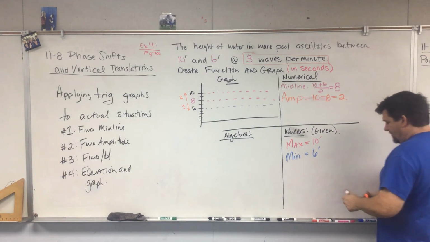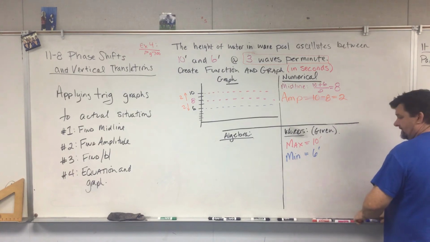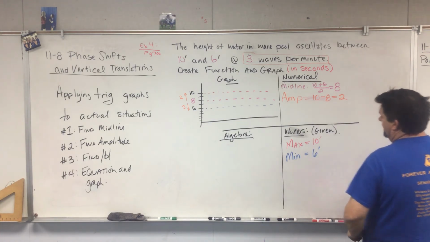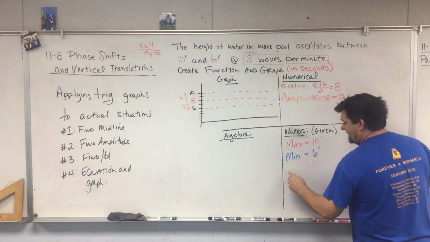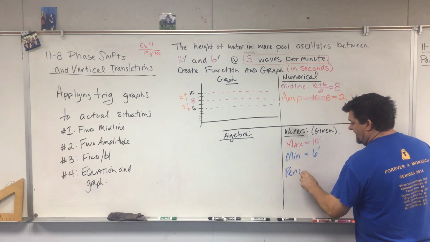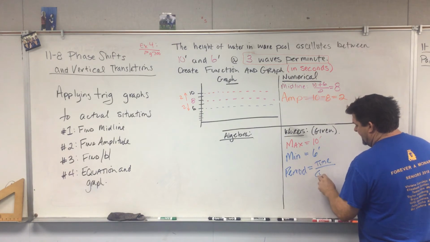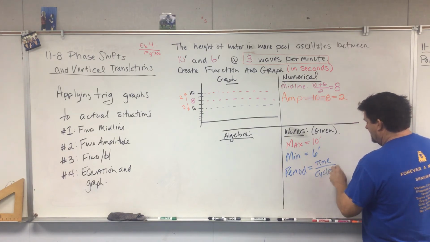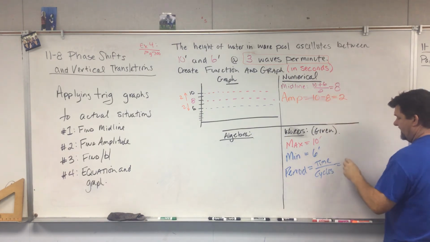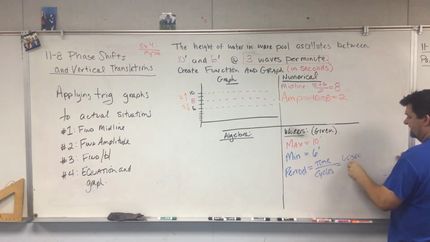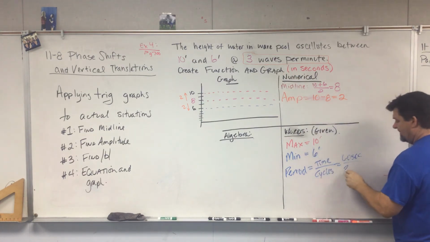All right, and now we've got one more piece of information, which is our period. They give us the information in minutes, time over cycles. Time is 1 minute, which we want as 60 seconds, divided by 3 waves.